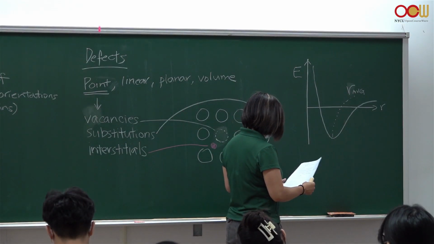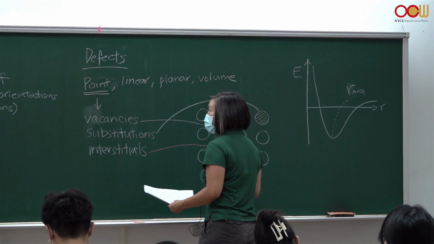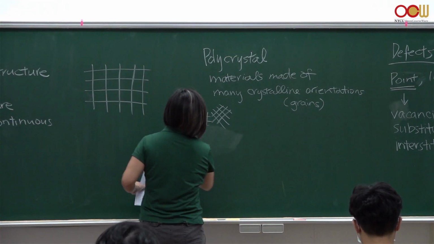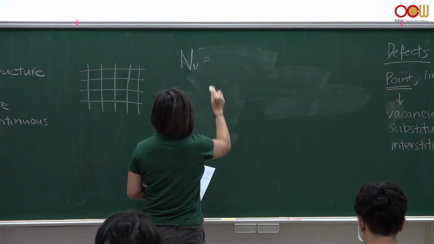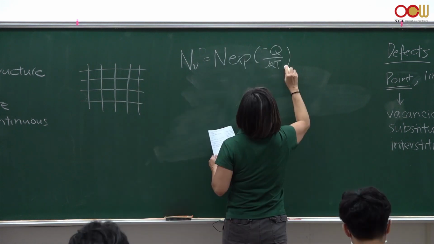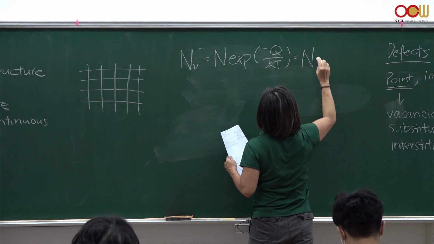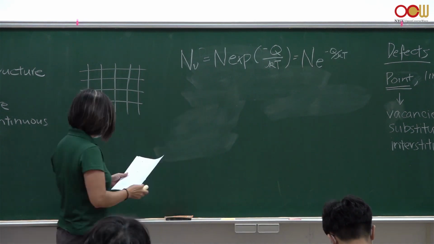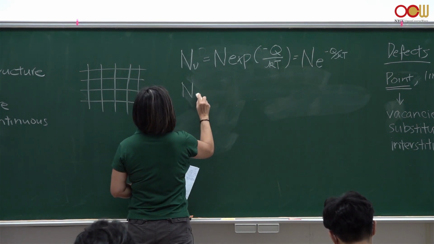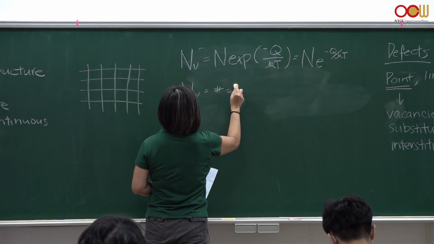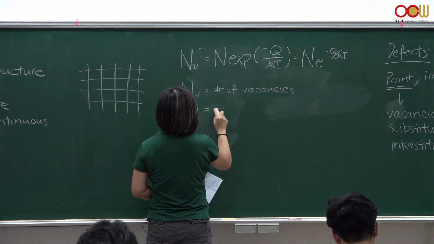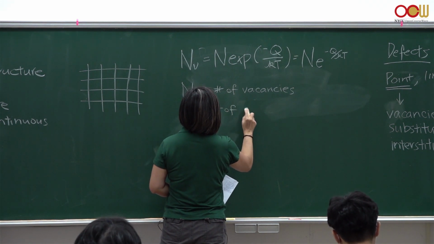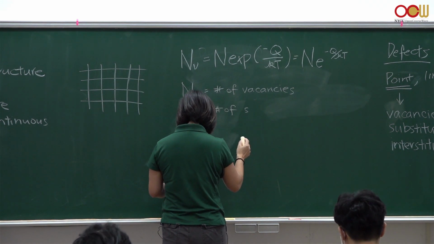And so thermodynamic reactions are represented by an equation. In our specific case of looking at number of vacancies, we use this equation, or you could write it like this. N sub V equals the number of vacancies. N equals the number of sites or atoms.